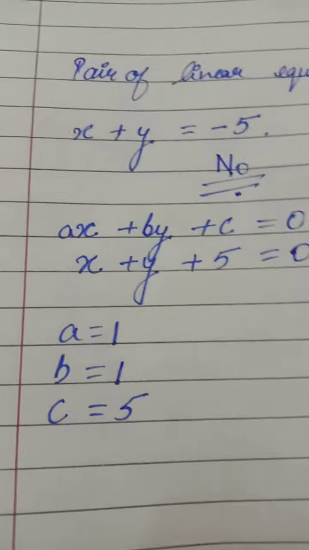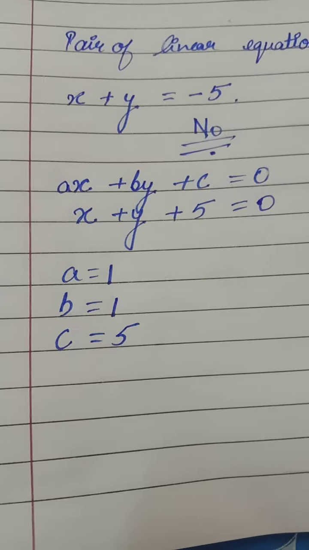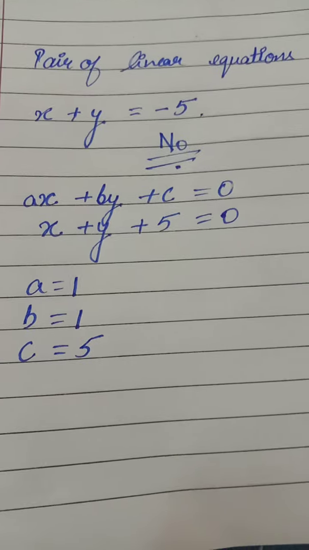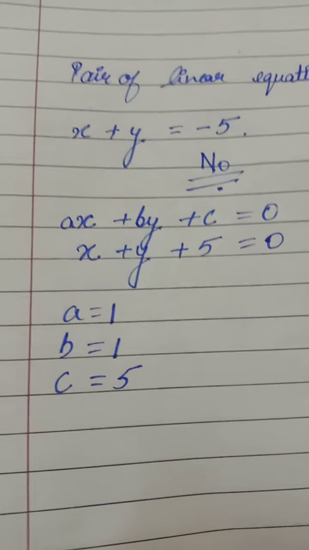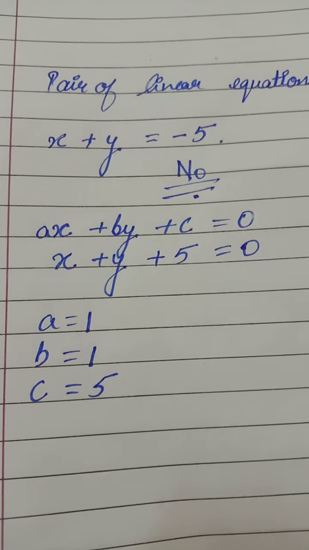Next we have the first topic of our class 10th, the pair of linear equations graphically. How can we show them graphically? We have three types of pairs of linear equations on a graph.